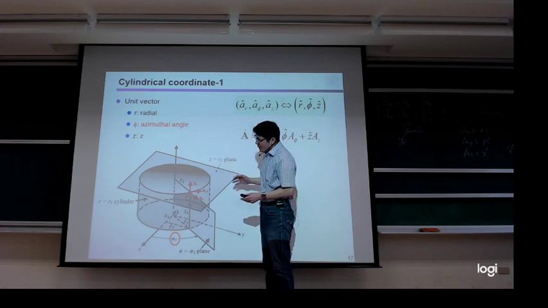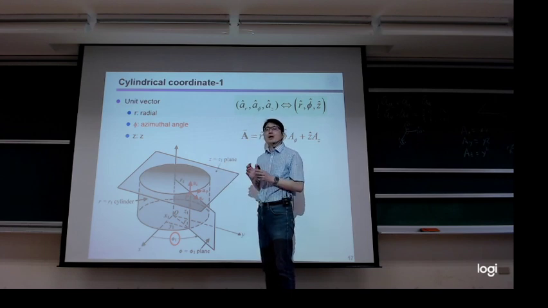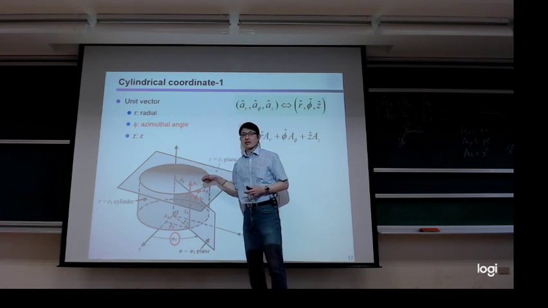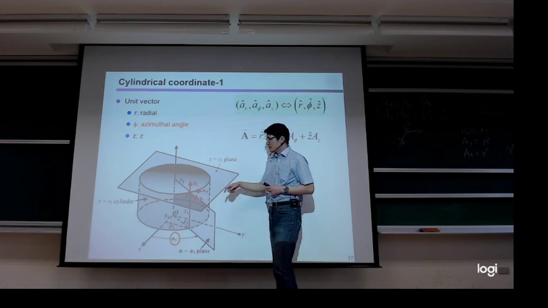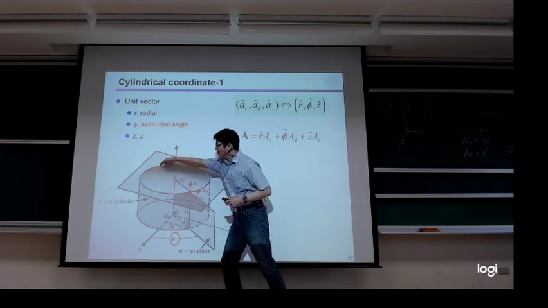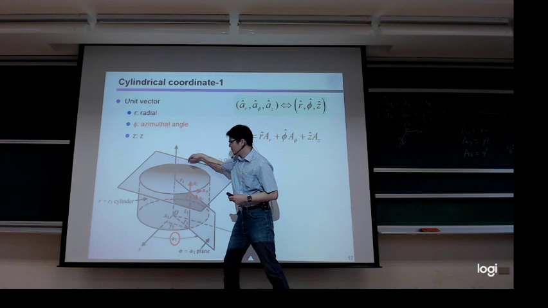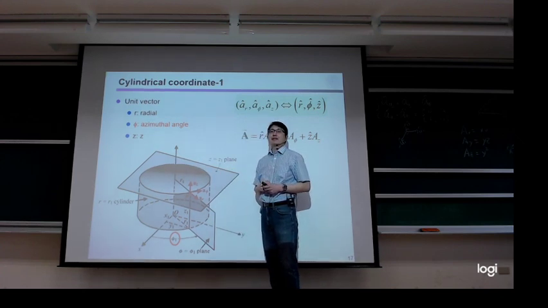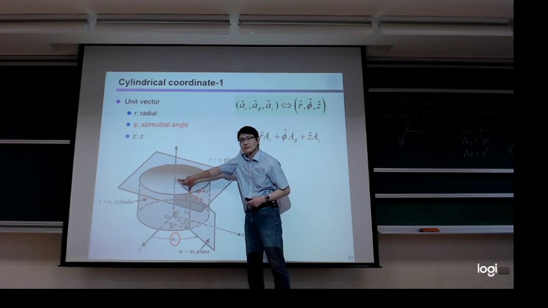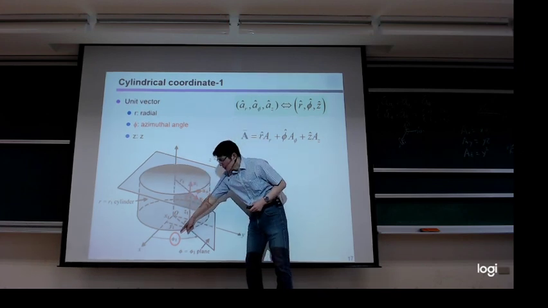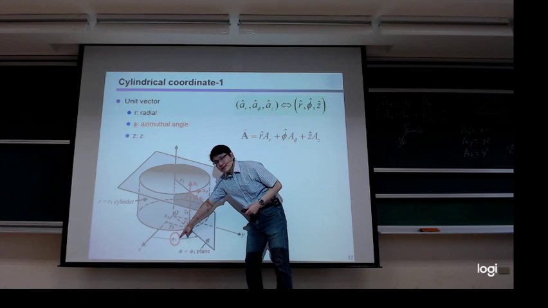When we talk about a cylindrical coordinate, we are talking about some cylinder-like object, okay? So any point on the surface of a tube can be defined easily by a radius, azimuthal angle, 方位角, azimuthal angle, and z.